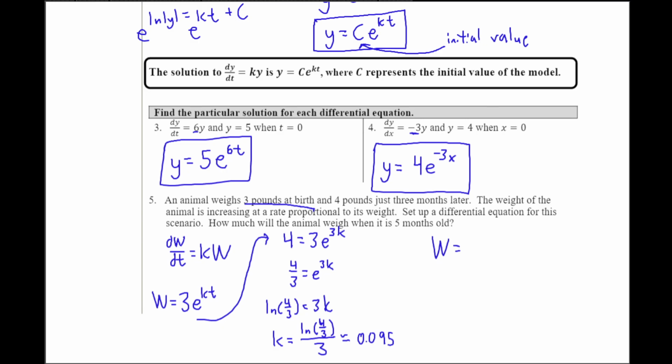W is equal to 3e to the 0.095. And because this isn't the final answer, let's actually use some more decimals. 0.095894t.